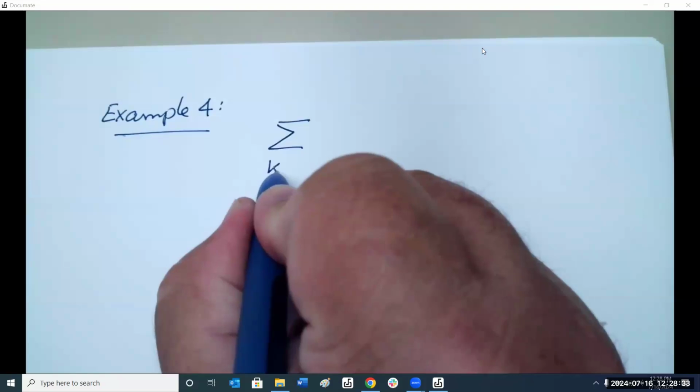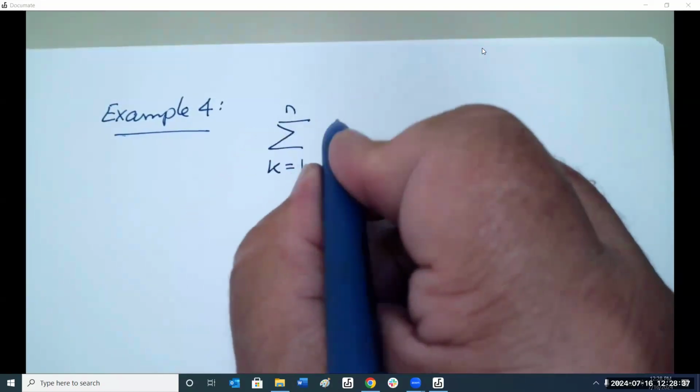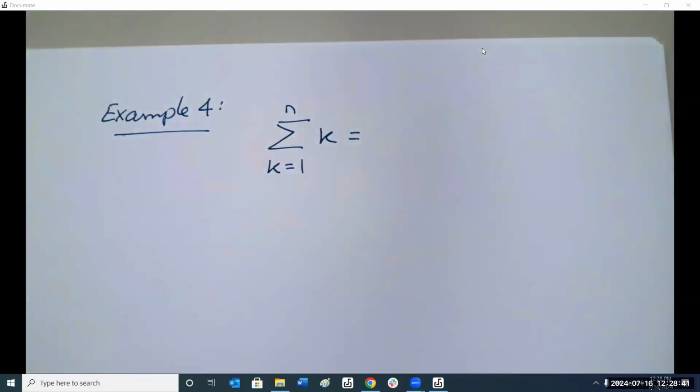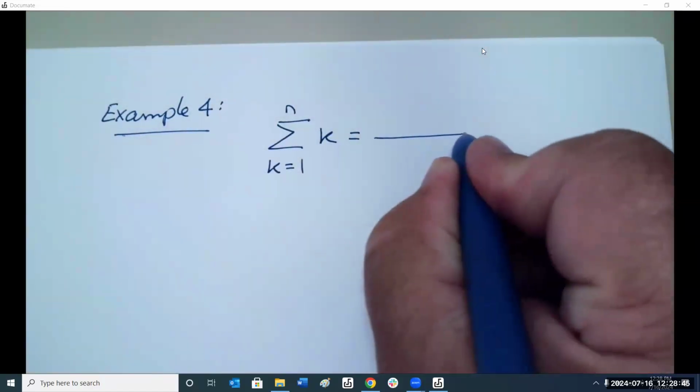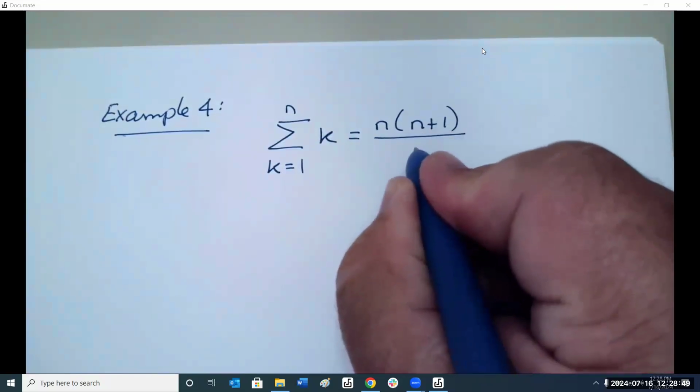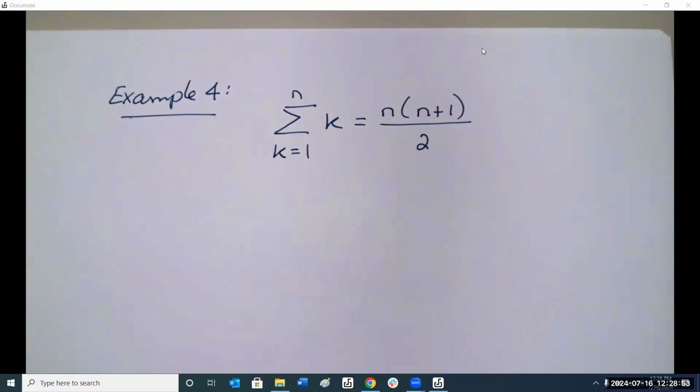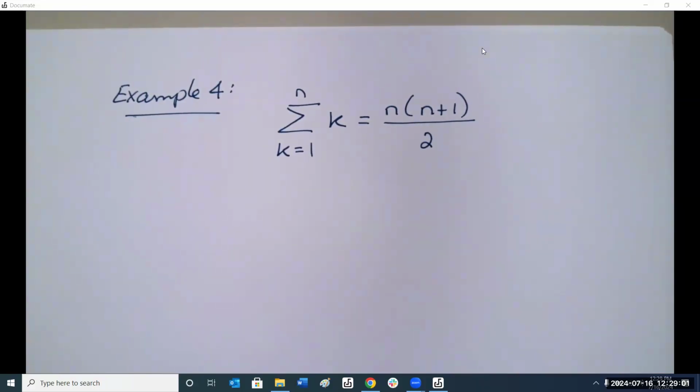Example 4. Show that the sum of the first n integers is... Actually, yes, because had you had me for algebra, we would have discussed a process by a guy named Gauss, who was like 12 or 13 years old.